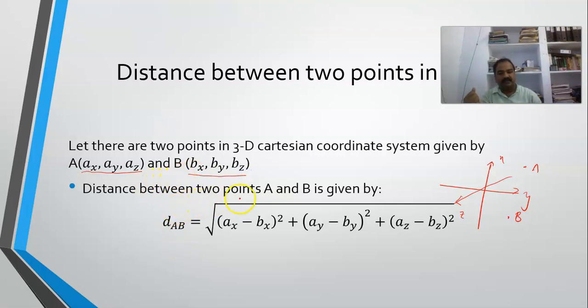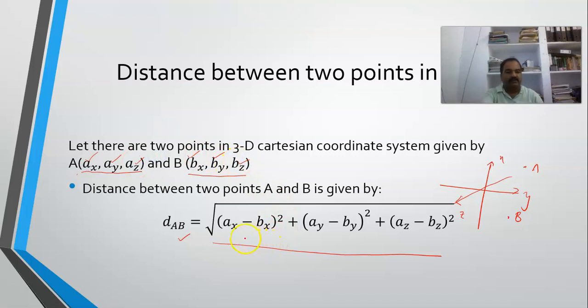The distance between these 2 points A and B is given by this formula: the square root of ax minus bx whole square plus ay minus by whole square plus az minus bz whole square.